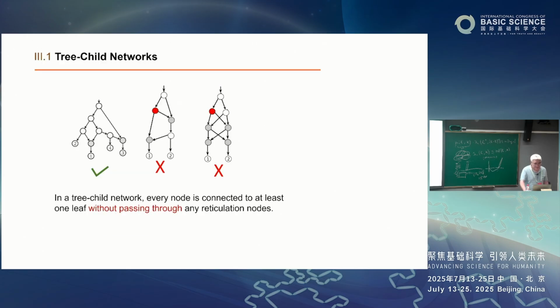So now let's explain some details. We work on these tree child networks. This is an important property. Remember, every node is connected to at least one leaf without passing through any reticulation node. By focusing on this class of networks, we avoid these complicated models.